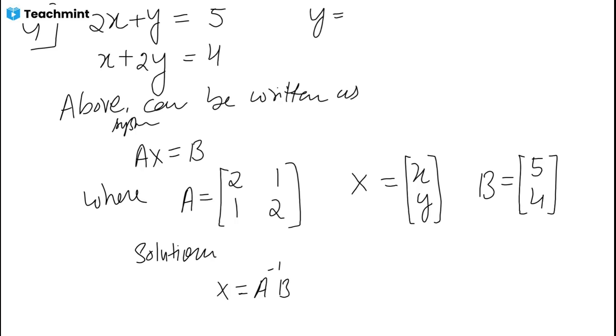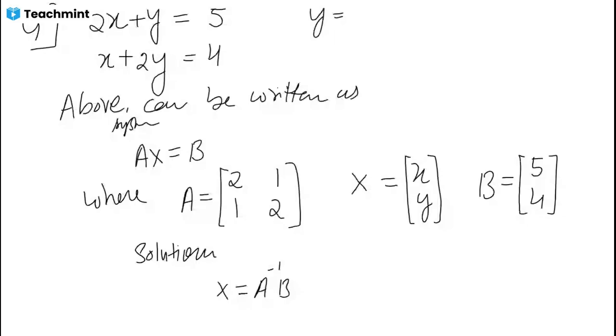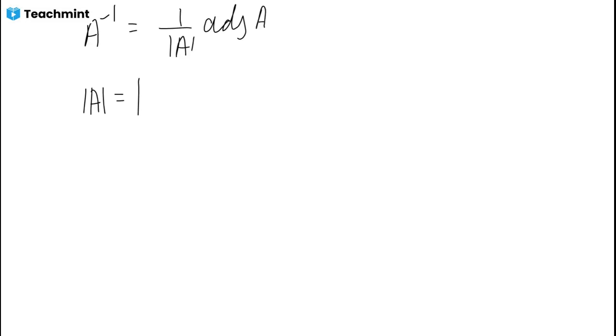So to find A inverse, it is equal to 1 upon determinant of A into adjoint of A. That is why we need the determinant of A. So determinant of A, just put the elements of this matrix in this form, having 2, 2, 1, 1 here.